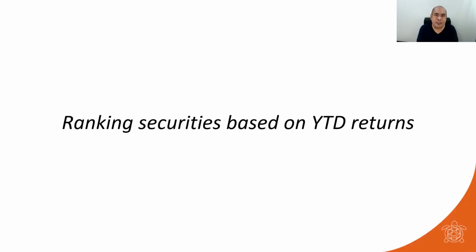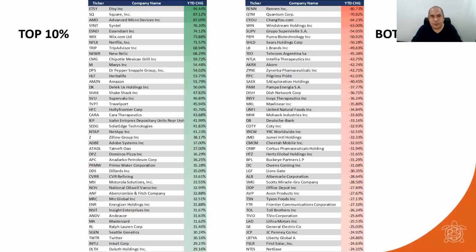What are the insights you will gain from ranking securities just by looking at the year-to-date returns from the start of the year and refreshing the model every month, every week, every day, just to see which leaders are emerging? In this slide, I'm presenting the top 10% and bottom 10% of NYSE and NASDAQ listed companies.